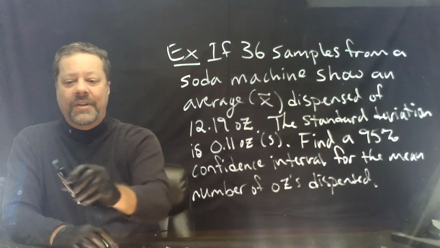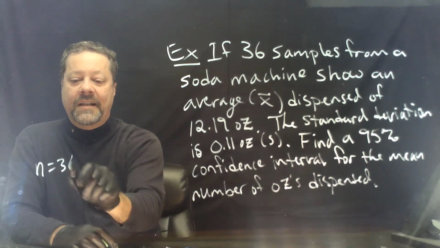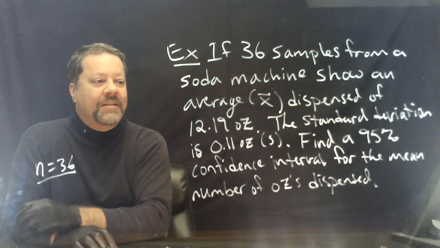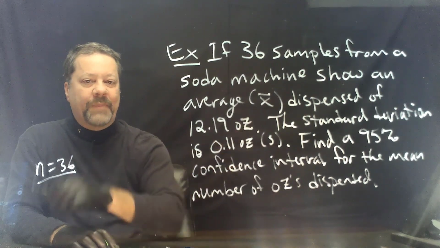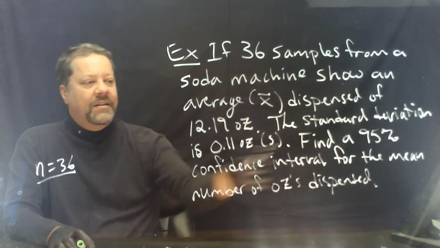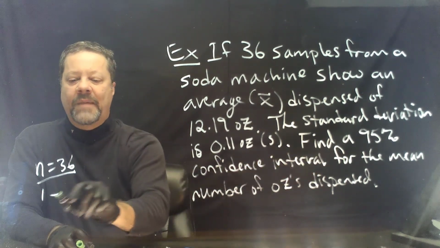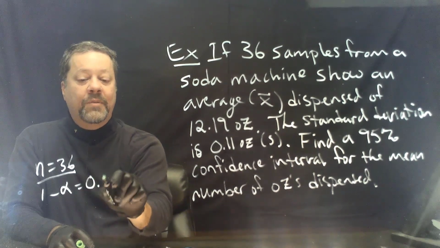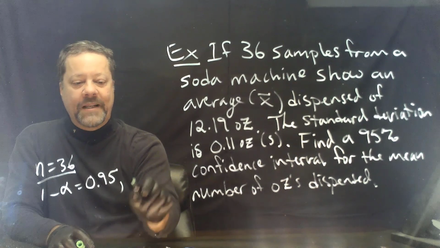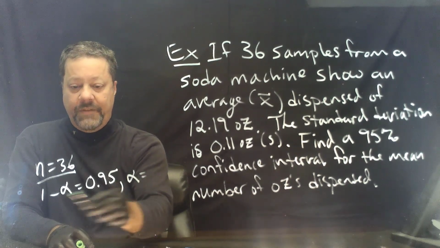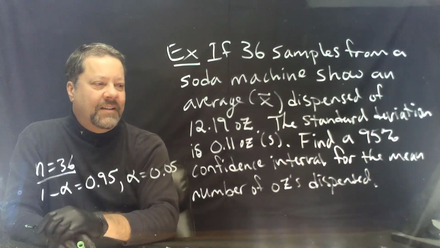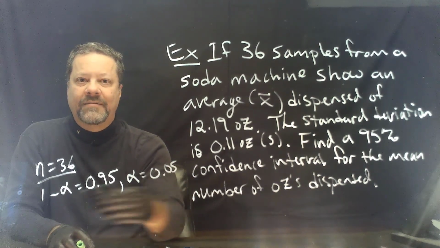So for our solution, we need to know that n is 36, greater than 30. So it's a good bet that the distribution of sample means will follow a nice normal distribution. We want a confidence, 1 minus alpha, of 0.95. 95% confidence, which means alpha would have to be 5%. 5% chance of error.